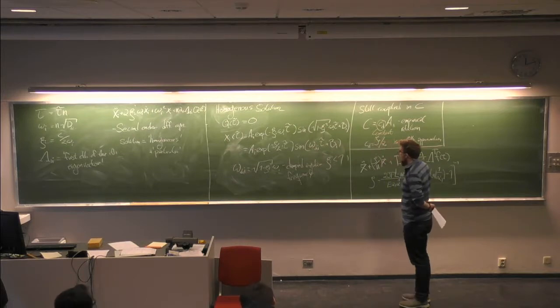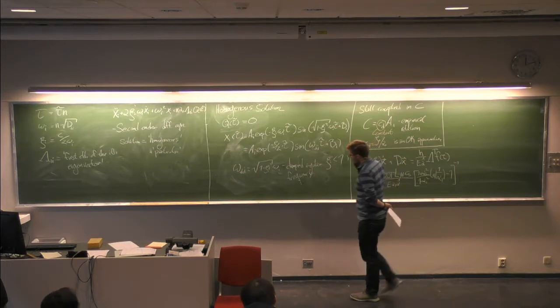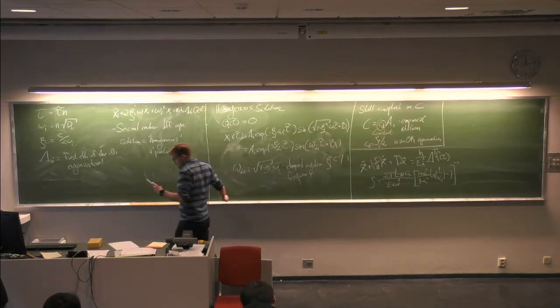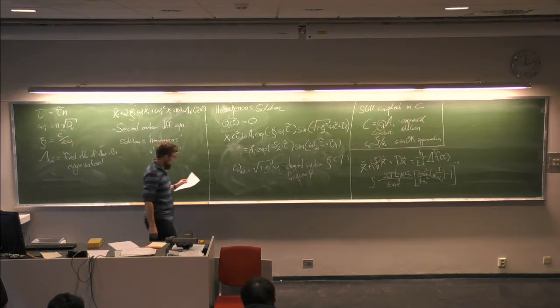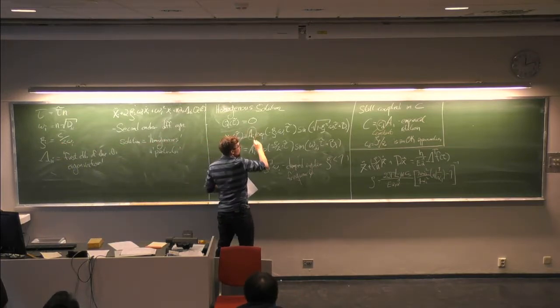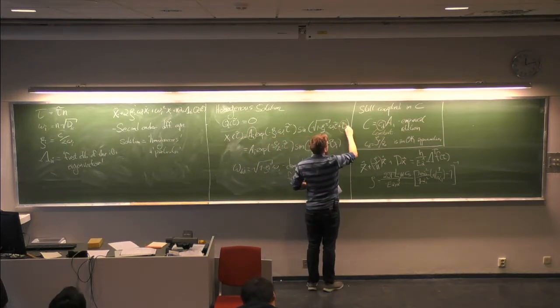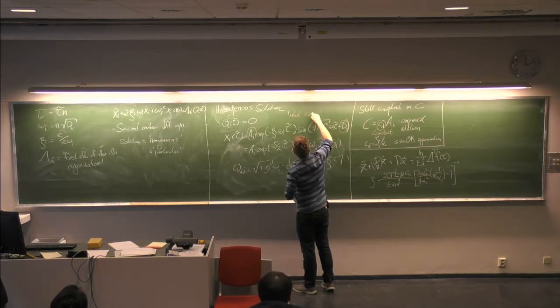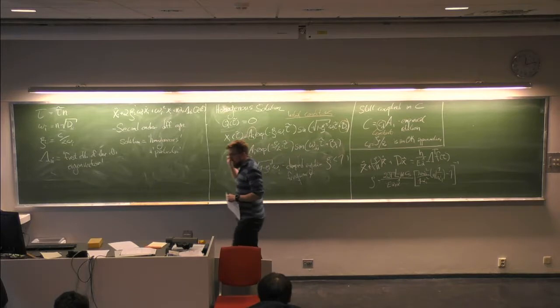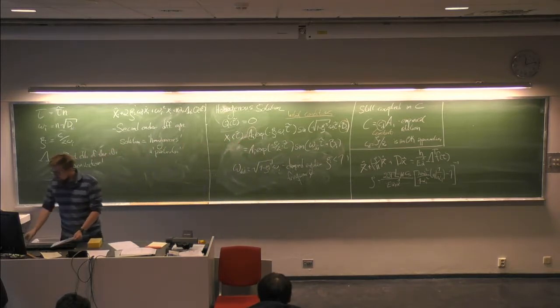Okay, so what are we missing here? We're missing the AIs and BIs. Those are from initial conditions. So AI is going to be the amplitude of the oscillations.